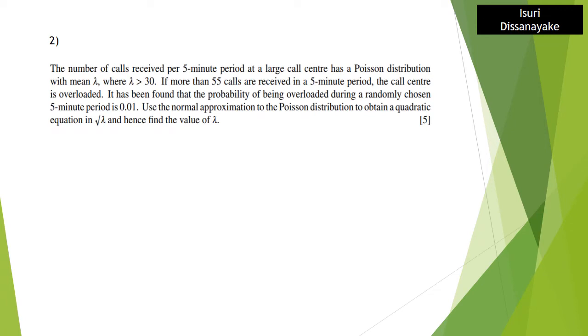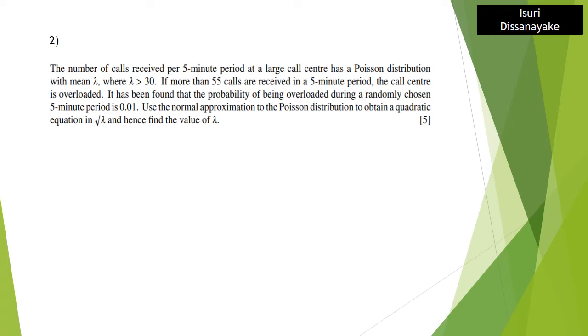Second question. The number of calls received per 5-minute period at a large call center has a Poisson distribution with mean lambda, where lambda is greater than 30. If more than 55 calls are received in a 5-minute period, the call center is overloaded.